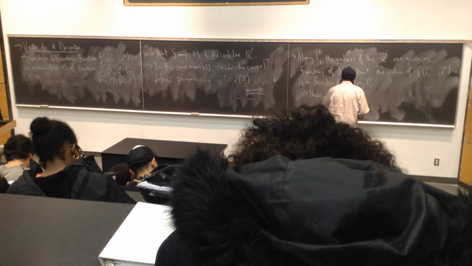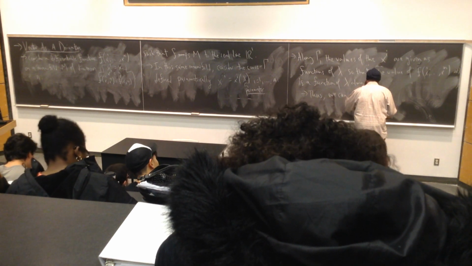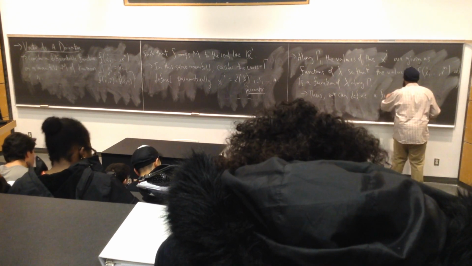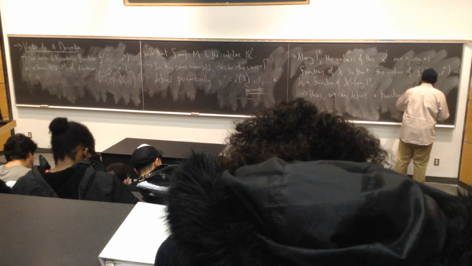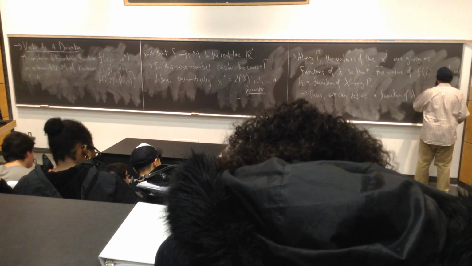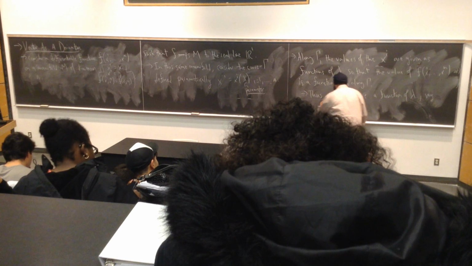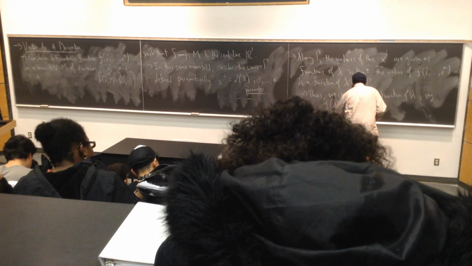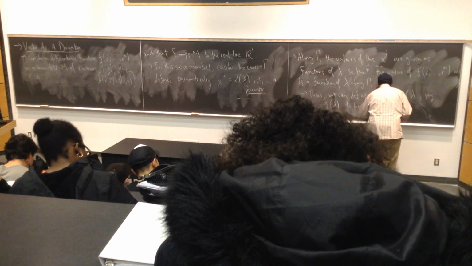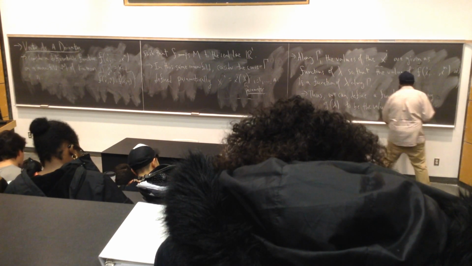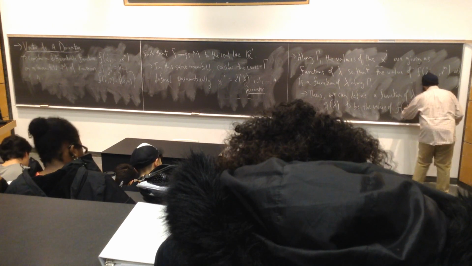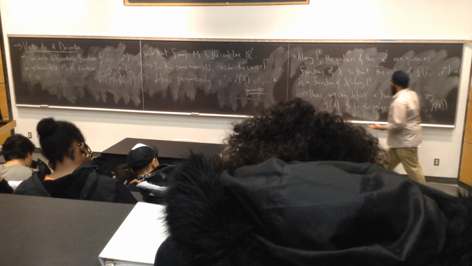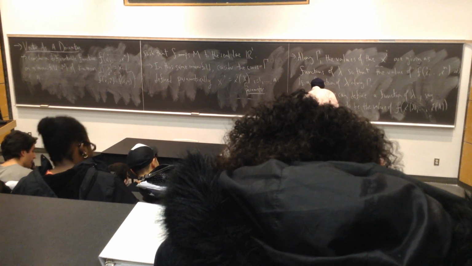Thus, we can define a function of lambda, say g of lambda, to be the value of f of x1 of lambda all the way to xn of lambda along my curve, which is what I just said.